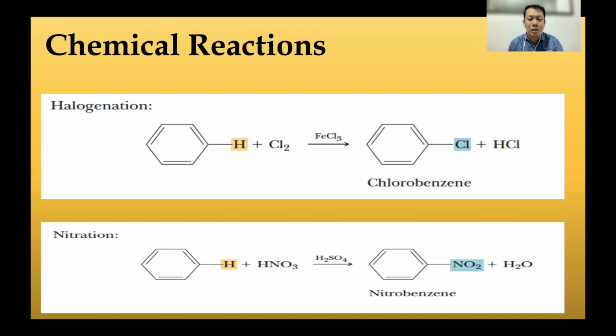Another is nitration, the same chemical reaction, but since it is not halogenation, what will be added to the benzene is HNO3 with sulfuric acid as a catalyst. And then the NO2 will be attached to the ring, plus water. The product here is nitrobenzene.